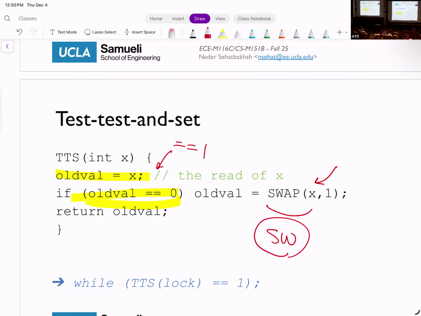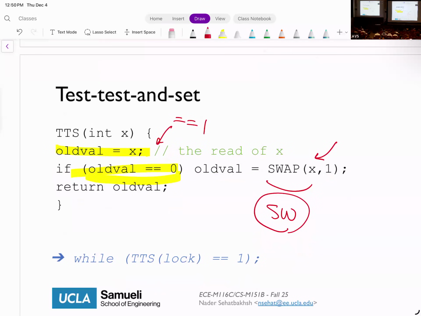So I'm saving a little bit of bandwidth. I first test, then do the test-and-set. Then we put this in some form of a while loop, so it continues looping. It does the atomic operation, but it doesn't write until it at least thinks that it has the lock.